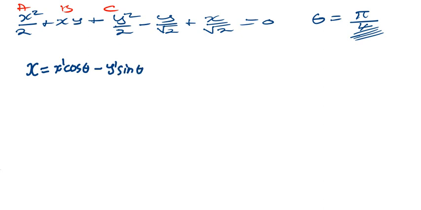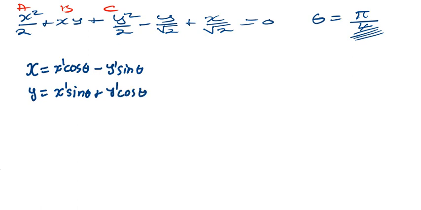Yeah, like that. Okay, so that's what our x is. Then I believe our y is going to be equals to x prime sine theta plus y prime cos theta.